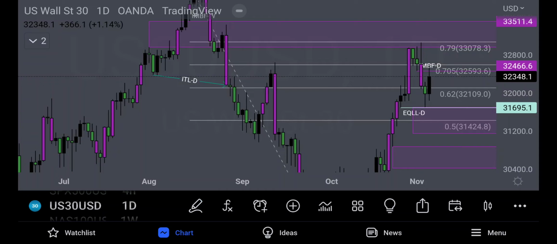I hate to be the guy to be like what we could have done, but hindsight is 2020. But we could have targeted the start of this bullish imbalance or fair value gap.